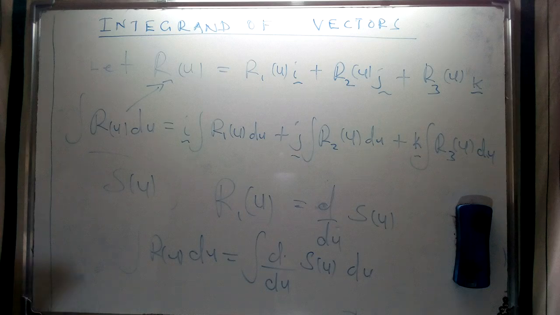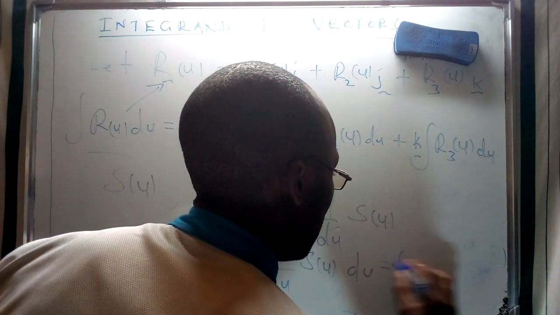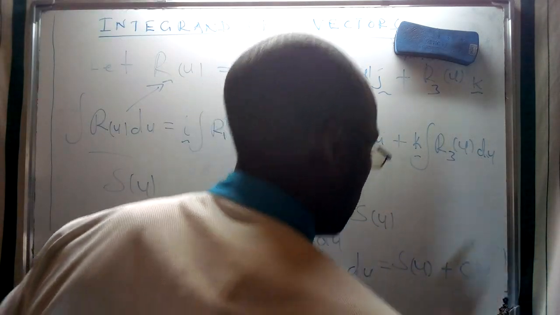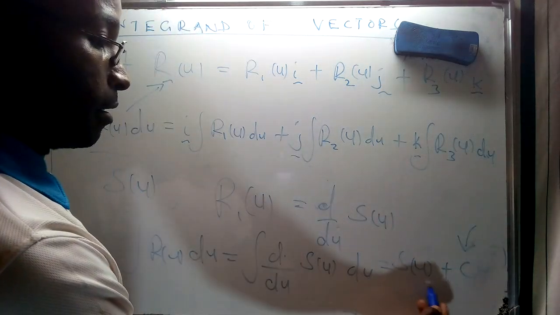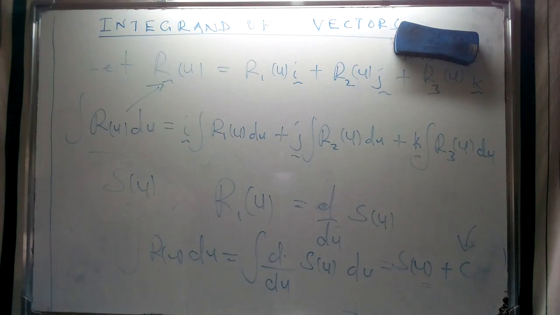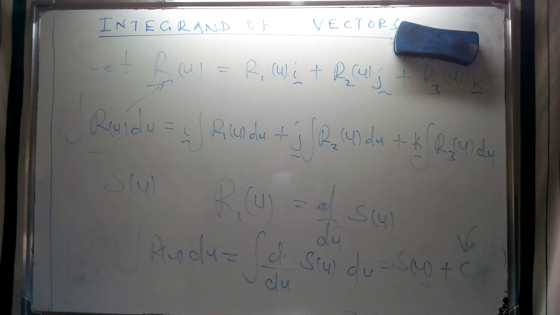From the general illustration of our integrals, this is going to give us S(u) plus an arbitrary constant c, which is independent of this specific variable u. So generally this is going to give us a general integral of our vectors and how we can illustrate it. Now this is applicable for indefinite integrals.